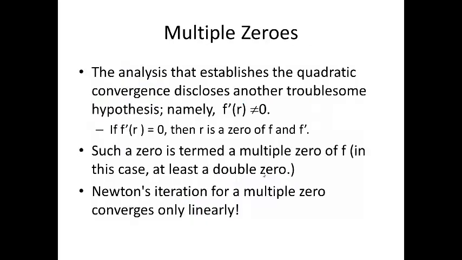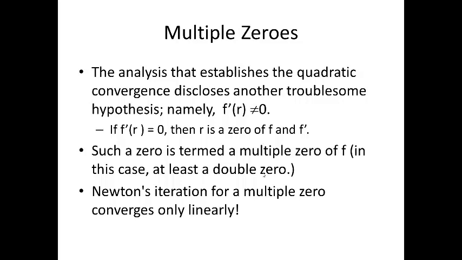And finally, the case of multiple zeros. The analysis in the theorem establishes a rather troubling hypothesis that I said was going to be important: f prime of r is not equal to 0.